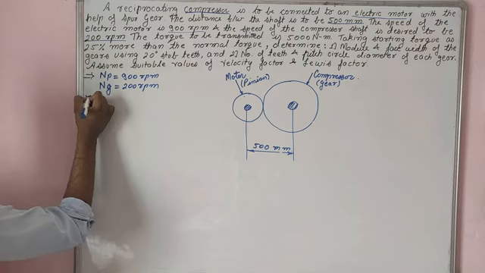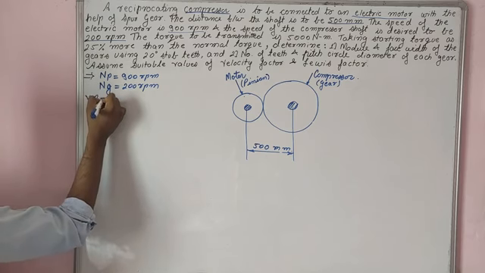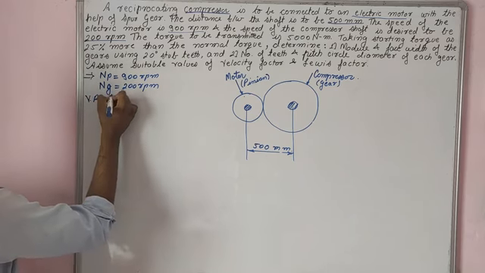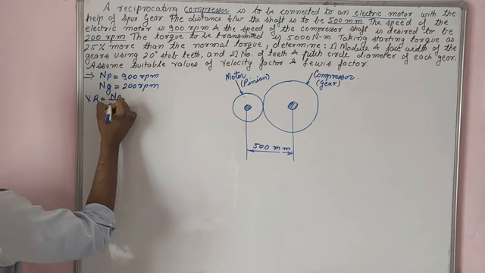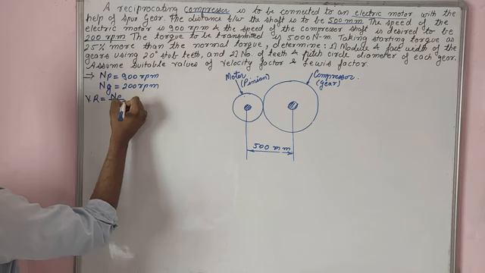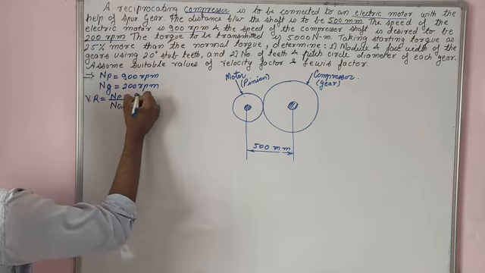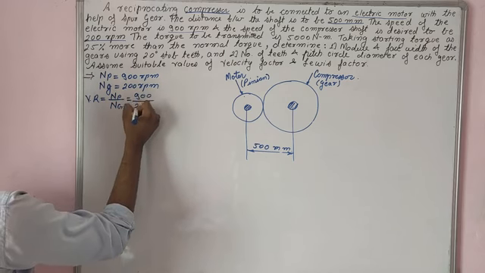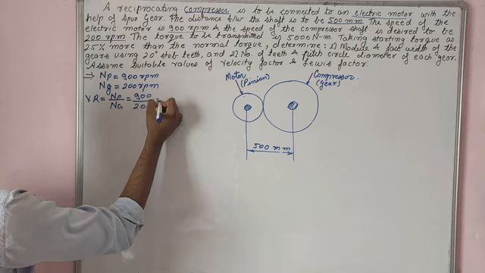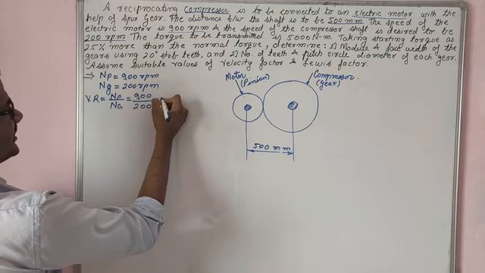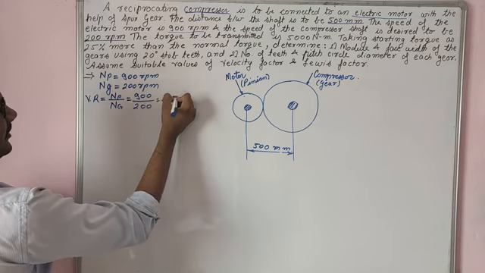From this given data we can find out the velocity ratio. Velocity ratio, VR, will be equal to NP upon NG, which is 900 upon 200, that is 9 by 2, that is 4.5.